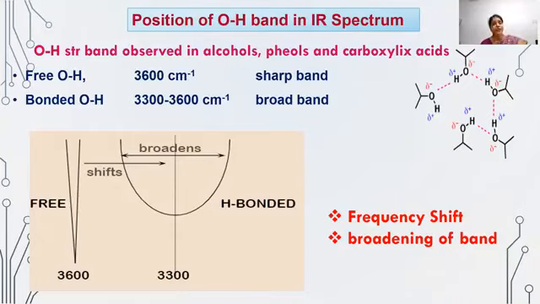The position and shape of the OH band depends on the strength and the actual nature of the hydrogen bond or OH bond. The free OH group shows absorption at 3600 centimeter inverse and produces a sharp band.